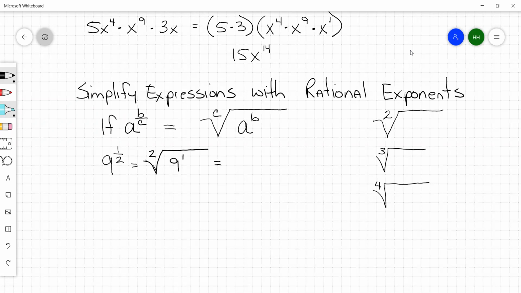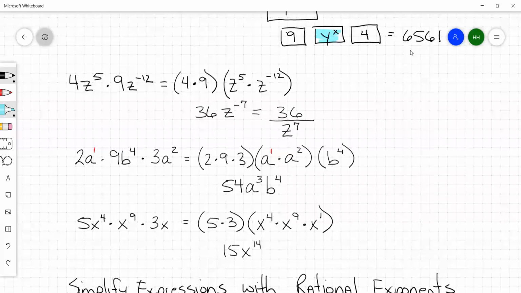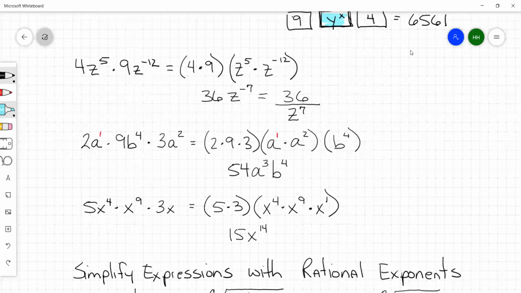And the square root of 9 to the first power is equal to 3. Now, this button right here works the same for whole numbers as it does for rational numbers.